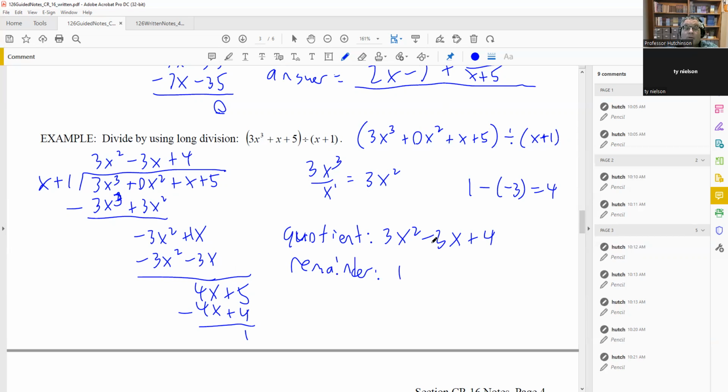So I could either have something like that where you write it out separately, or if they give you a big answer blank to write your whole thing out, then you would just write 3x squared minus 3x plus 4, and you just put 1, the remainder, over the divisor, which is x plus 1. Okay, so that's the other way that you'd be able to write this out. So quotient and remainder separately, or you just write the whole thing out in the blank. So either one they could ask you.